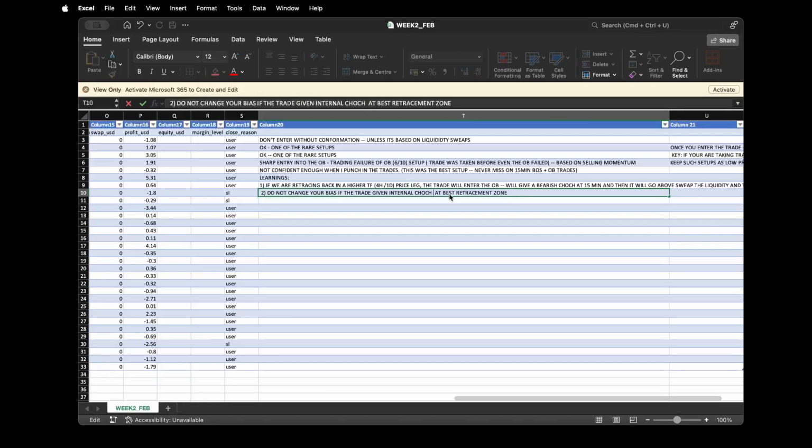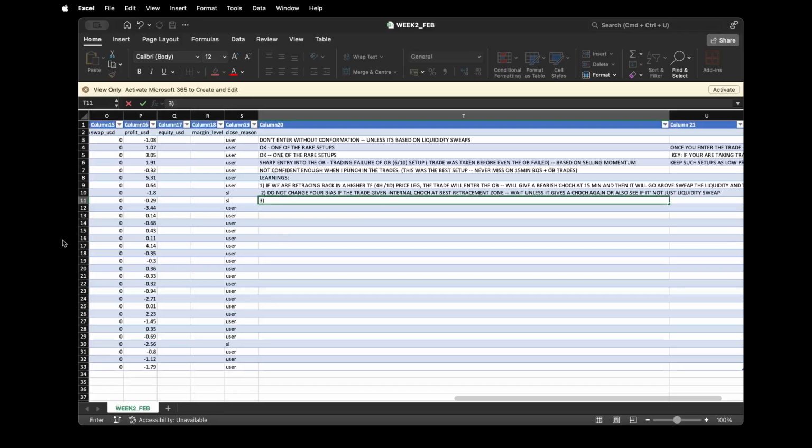Wait unless it gives a break of structure or change of character again, and also see if it's not just a liquidity sweep. So do not change your bias.